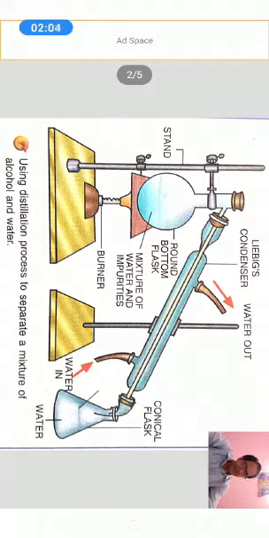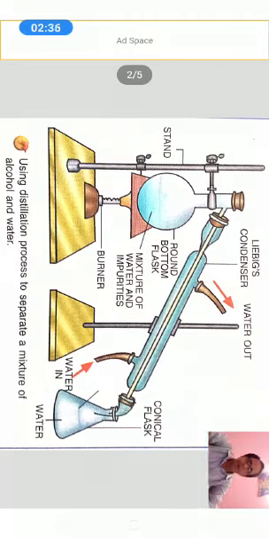The volatile component which gets collected in the flask is known as distillate. Volatile means to change into vapor. The other component which remains in the round bottom flask is known as residue. Thus, pure water is collected in the conical flask and impurities are left in the round bottom flask.